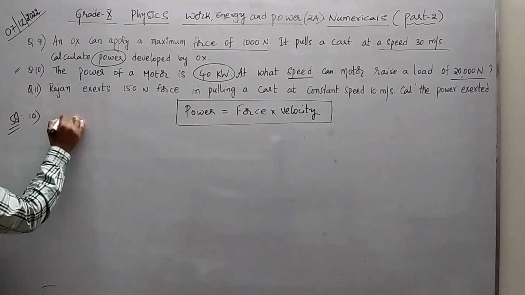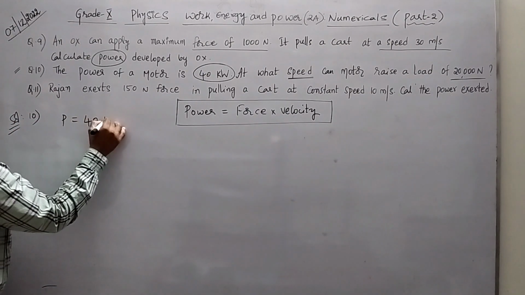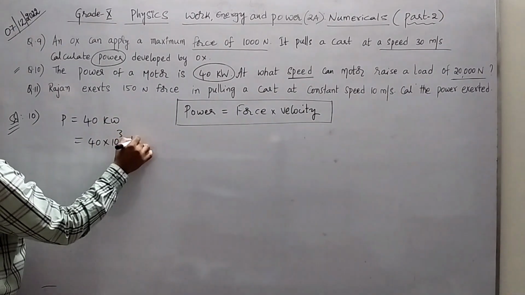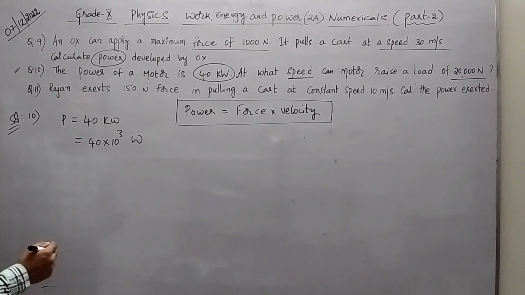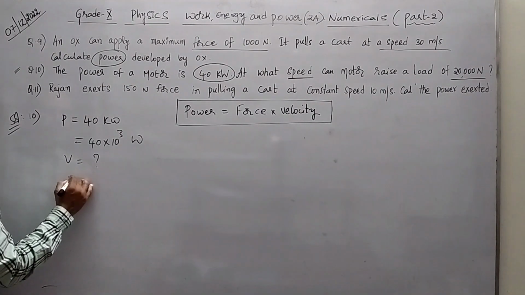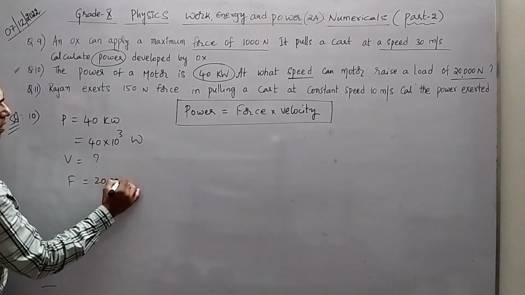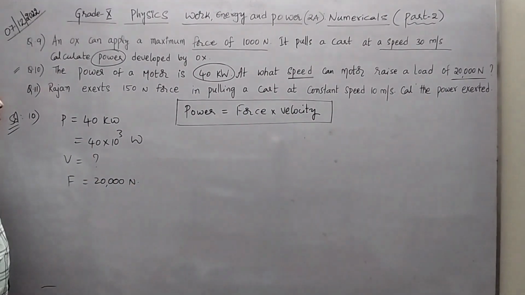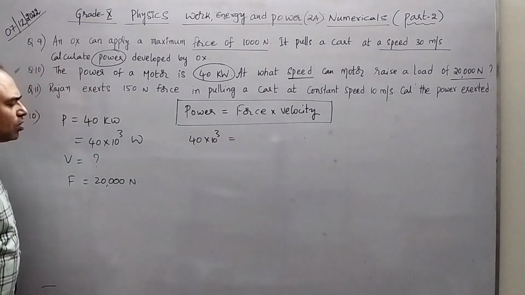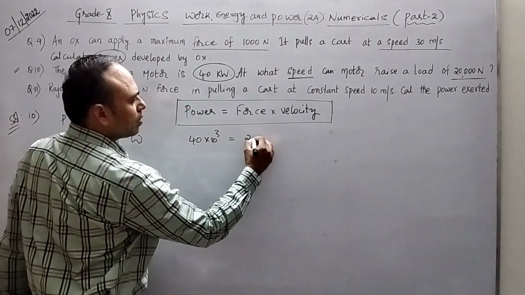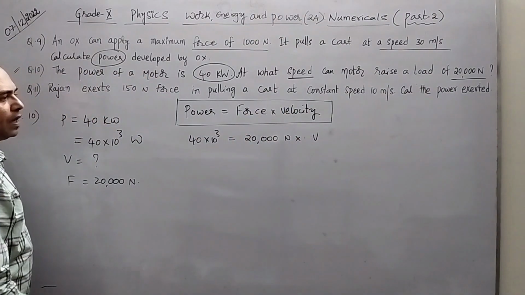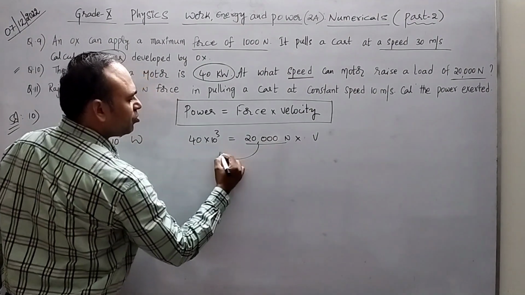What is given? Power is 40 kilowatt, nothing but 40 into 10 to the power of 3 watt. We need to convert. Next, V to be calculated and F is 20,000 Newton. Now apply the same formula. We can say 40 into 10 power 3, that is power is equal to force 20,000 Newton into V. Send force to other side.